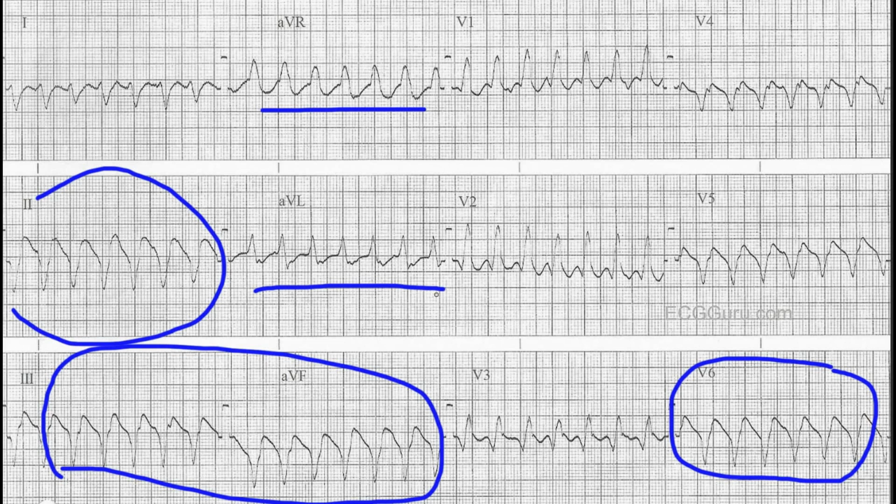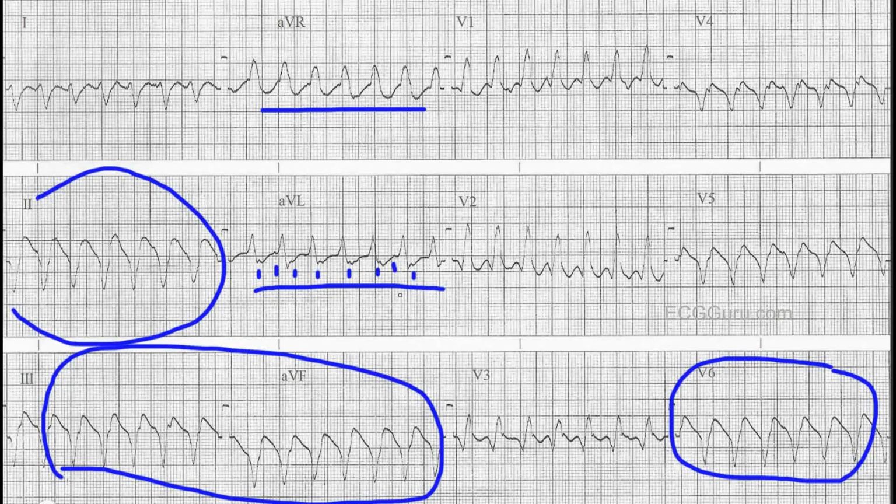Another thing we want to look for is AV dissociation, and sometimes P waves can show up. Sometimes they can masquerade as P waves and they're really just artifact. I don't know if this patient has P waves, but if they do, these may be them, what I'm marking here. I'd have to march them out and really see if I wanted to go to that much trouble.